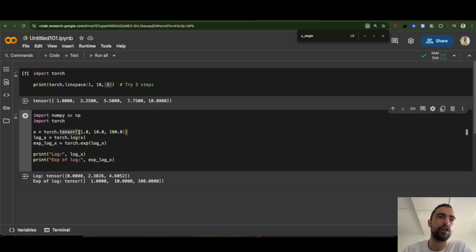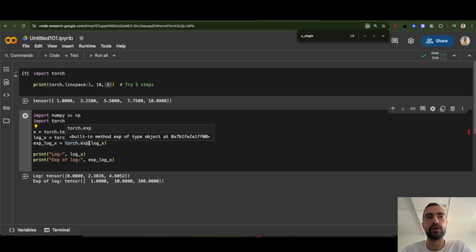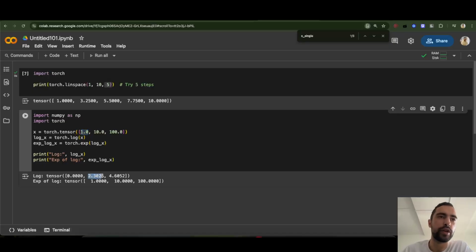So it will find the natural logarithm of this number. So e to 0 is 1, e is Euler's number, 2.7 something. And then e to 2.3 is 10, and e to 4.6 is 100. So it will just find the natural logarithm of x.